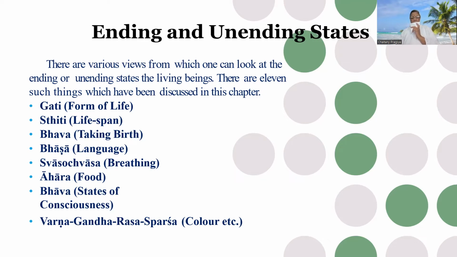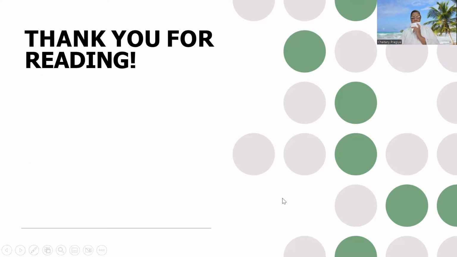So it depends on my situations in which I'm taking birth, or on my karmas, what kind of karmas I have earned. Because of that, I get all these physical qualities in me. So all these are different states.